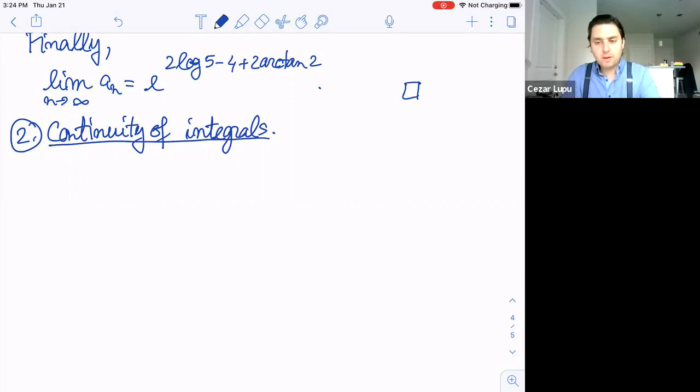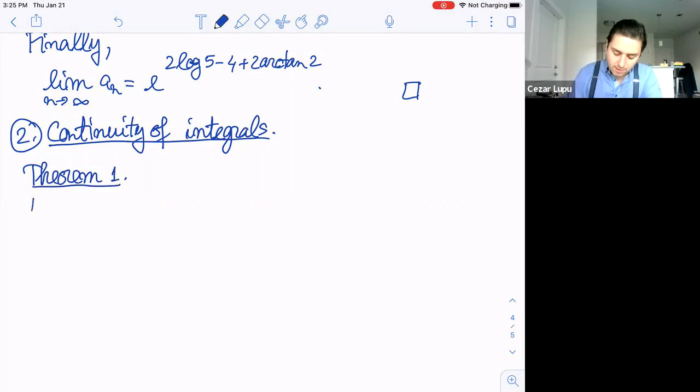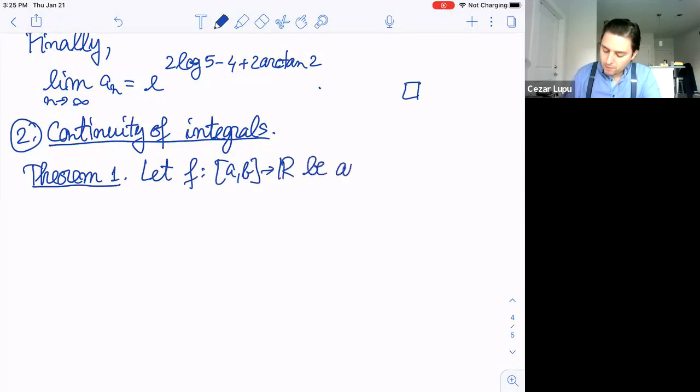But before I go and do problems, I'd like to remind you of a couple of things. The first thing was this theorem, let's say theorem 1, which says: let f be defined from a to b to the reals, an integrable function.